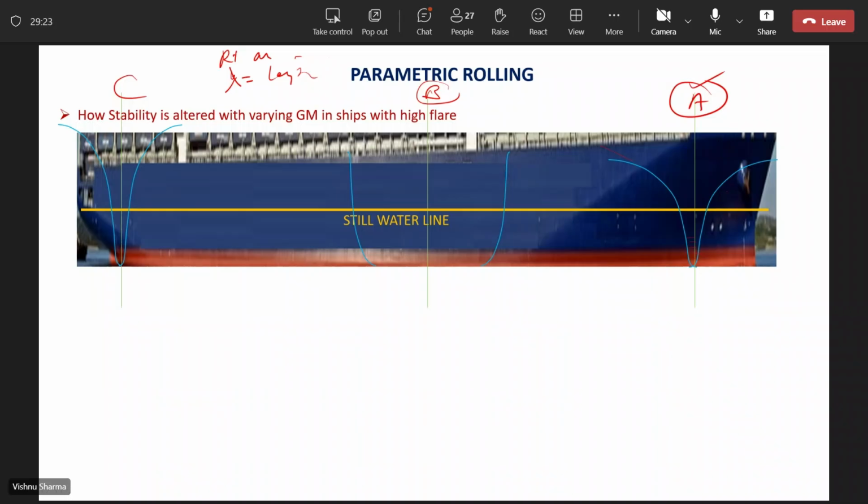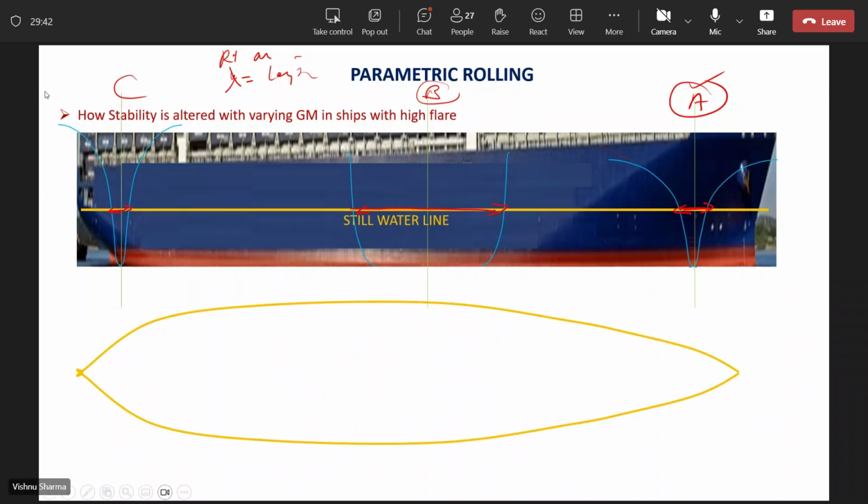Guys, if I visualize the water plane area in the calm sea condition, this yellow line is the still water line. This is the width of the water plane here. This is the width of the water plane here. And this is the width of the water plane here at the cross-sectional areas. And this gives me this water plane area. This is the water plane area in the calm sea conditions at the yellow water line.